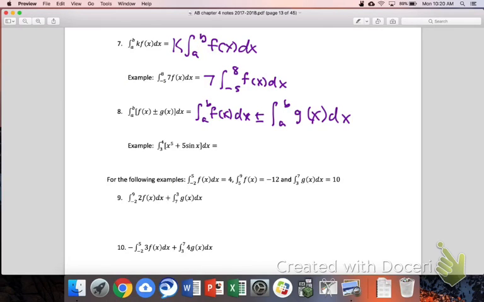So our example here, you guys see it's a sum, so I could rewrite this to be the integral from 3 to 4 of x to the 5th dx plus the integral from 3 to 4 of 5 sine of x dx. And why I say this is so potentially hugely helpful, do you guys see how even based on what I've written, isn't there one more property that I could use to simplify it a little bit more?